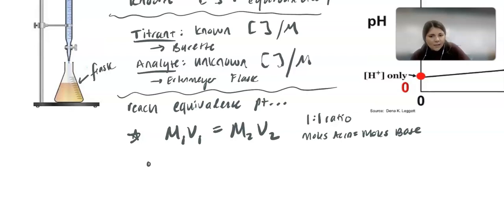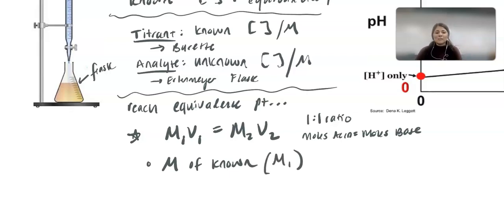So here, if we know the concentration of known, this will be our M1. And honestly, it doesn't matter what side you put it on, you just want to be consistent. Now here, this is going to be before the reaction occurs. So this would be before I open up the burette and dispense any of the titrant.